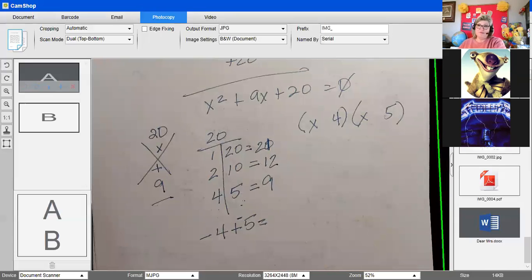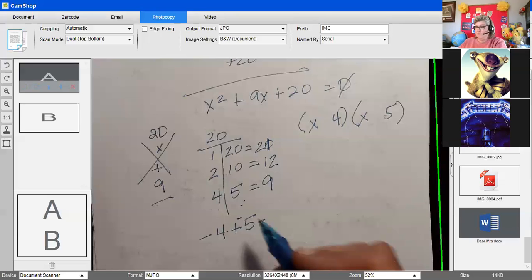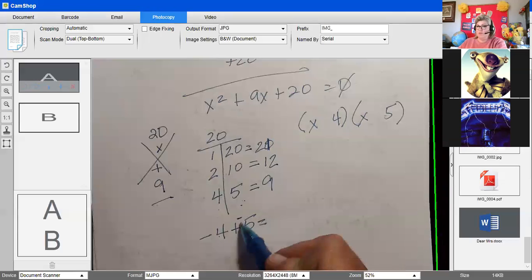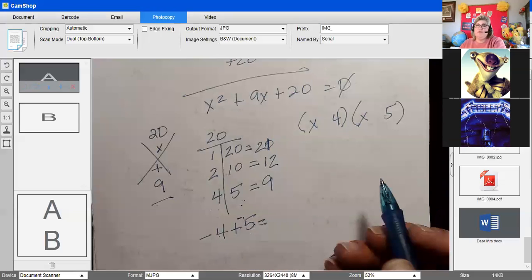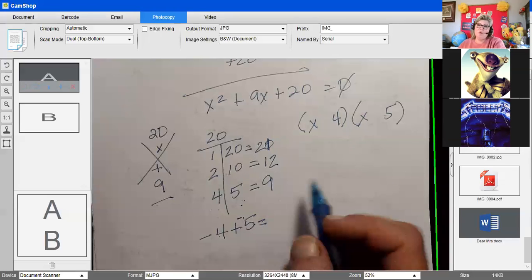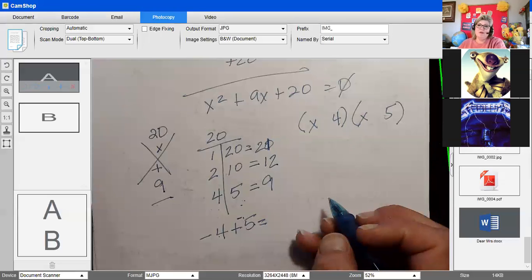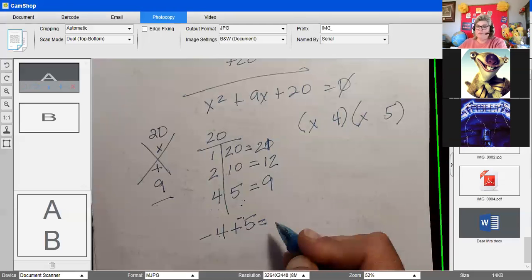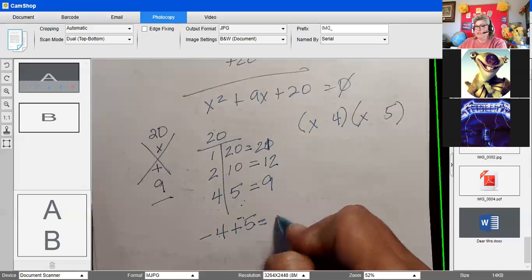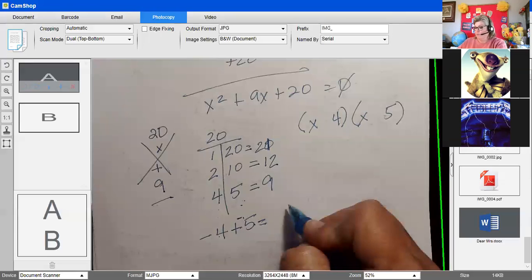Let's see. Negative 4 minus 5. So if you owe somebody $4 and you borrow 5 more, how much do you owe them? 9.